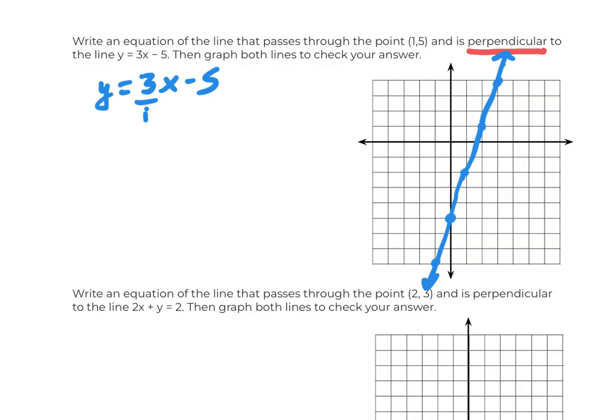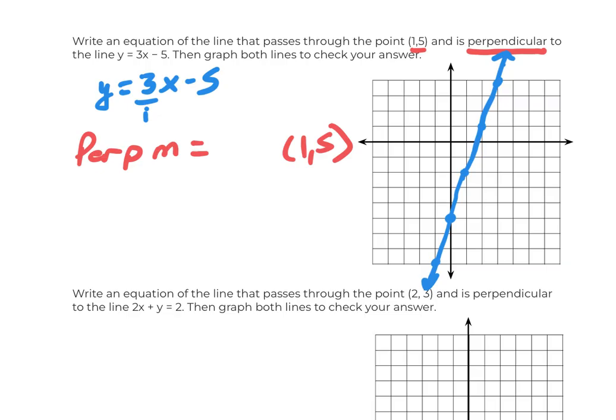We're going to make a line. It says to graph both lines. Now, what we have to do is graph a line that is perpendicular to this line, and it's going to go through the point (1, 5). They give me that right here.